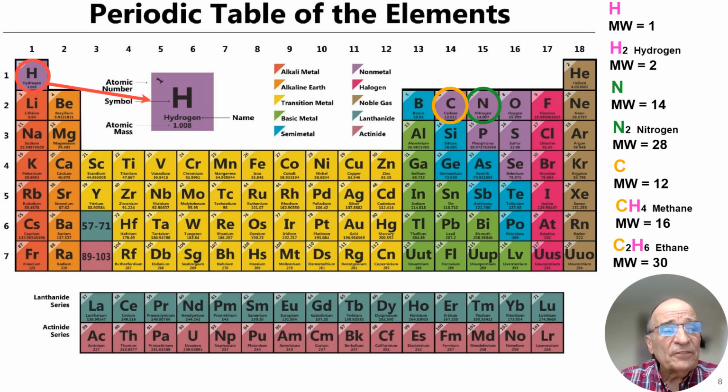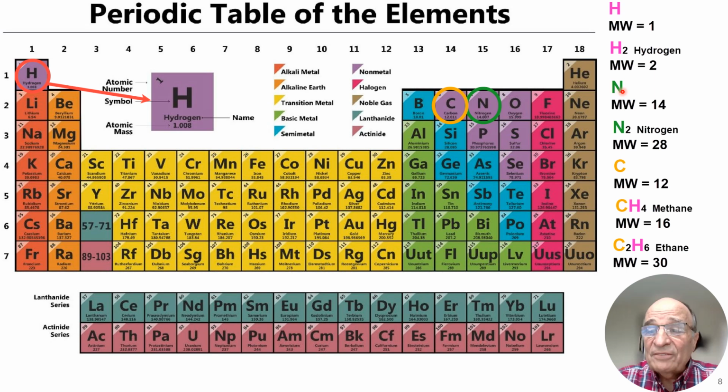We're going to talk specifically about hydrogen and about carbon and about nitrogen. And if we look at hydrogen, it's got a molecular weight, we'll say, of 1. Really, it's 1.008, but for simplicity, we'll say it's 1. But it's found in nature as H2, so it's going to have a molecular weight of 2.